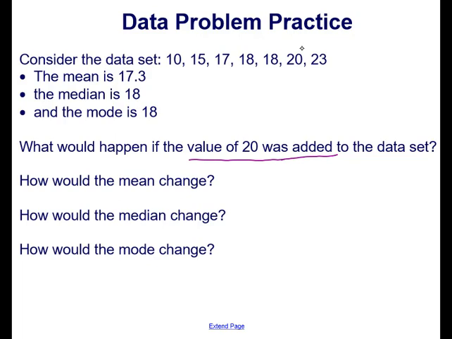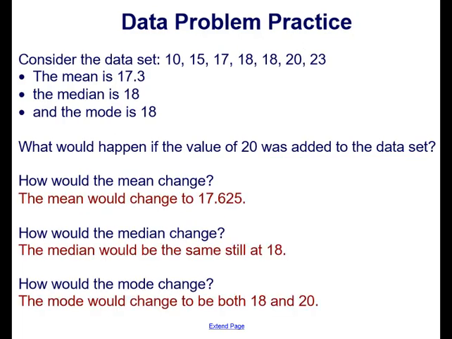And then the mode was only 18, but 18 was occurring twice, so we already have a 20 in the set of data, so now that's going to occur twice. So the mean would change to 17.625. It would increase since you're adding a value that's larger than the mean. You're finding the sum of all those original data points plus now 20 divided by 8 now instead of 7.